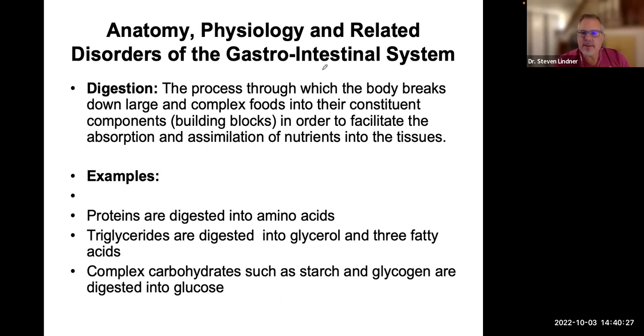So when we break down proteins, proteins are broken down catabolically into amino acids. And triglycerides are going to be digested and catabolized and broken down into glycerol and 3 fatty acids.